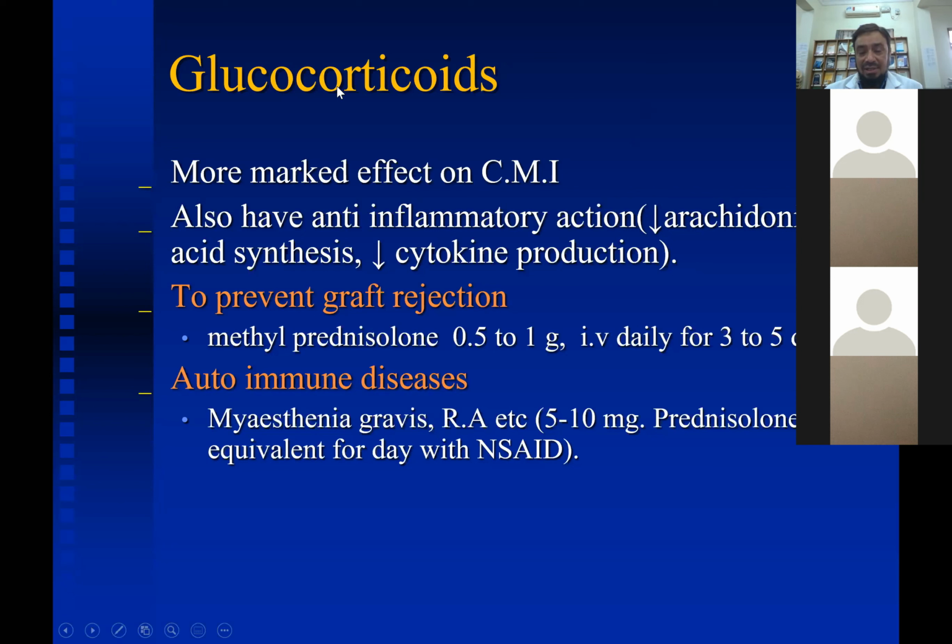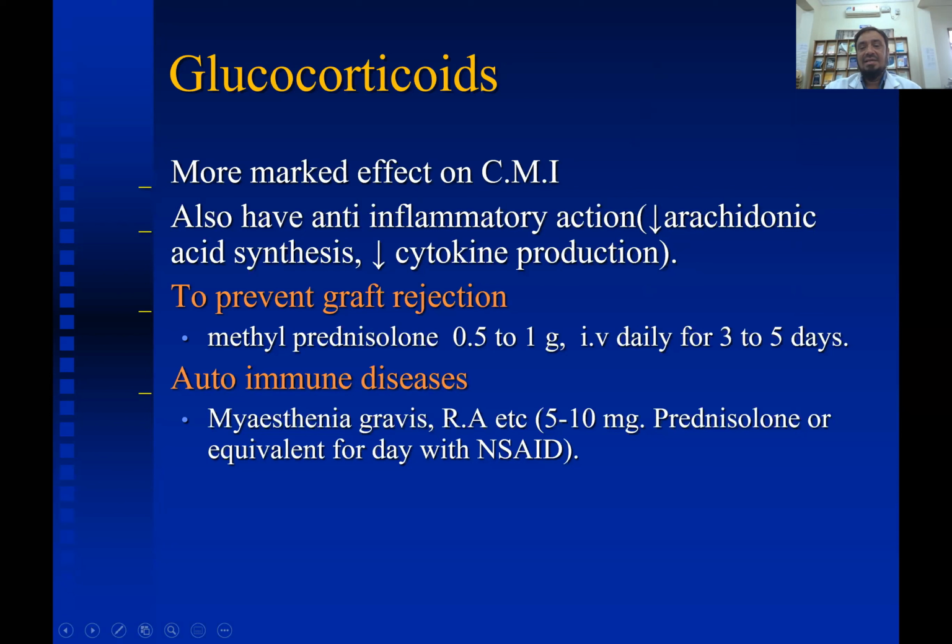So glucocorticoids have a marked effect on cell mediated immunity, and they have action on prostaglandin synthesis. They decrease arachidonic acid synthesis, they decrease the cytokine production, interleukin 1, interleukin 2, interleukin 6. Many of the interleukins, their synthesis is reduced.